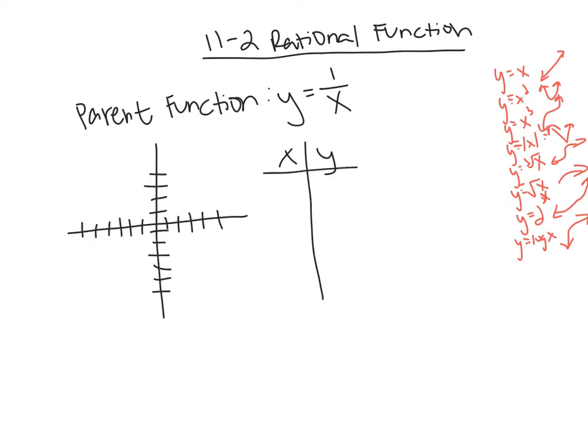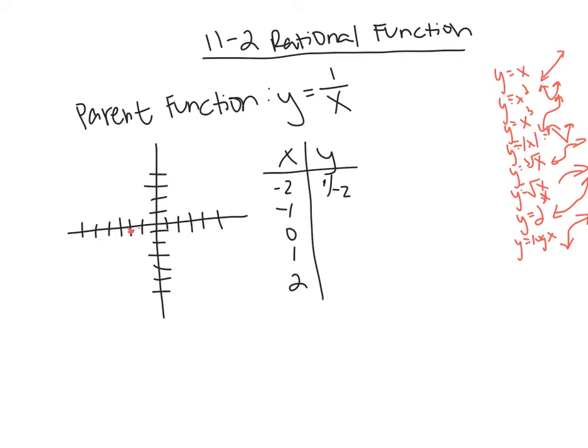Good numbers to plug in anytime you want to graph an equation without a calculator are between -2 and 2. So let's plug in -2. 1 divided by -2 is -1/2. So on my graph, I have the point (-2, -1/2).